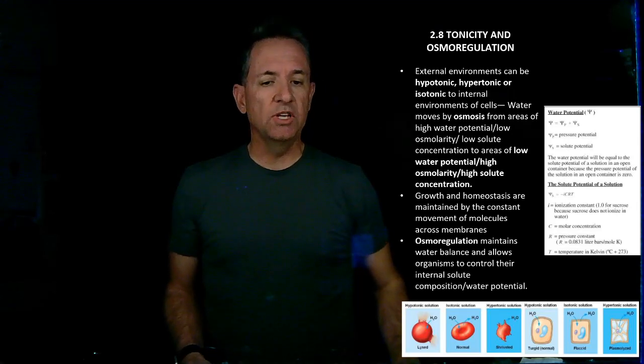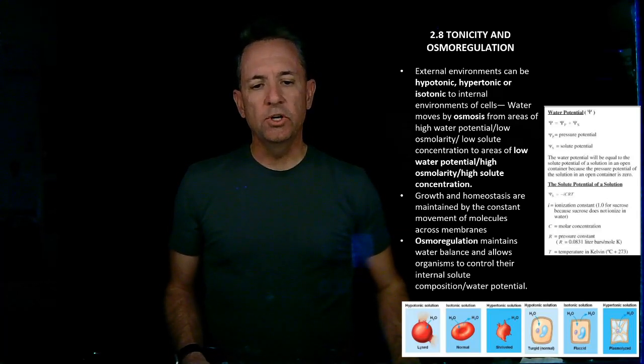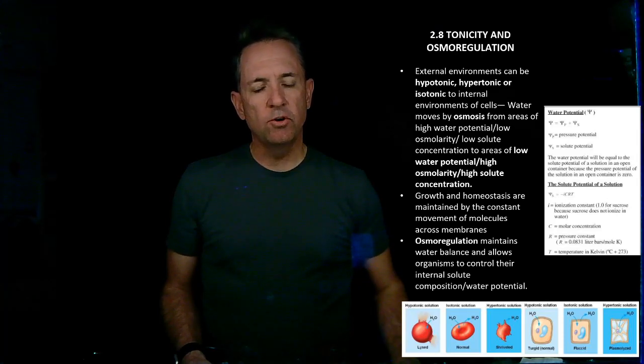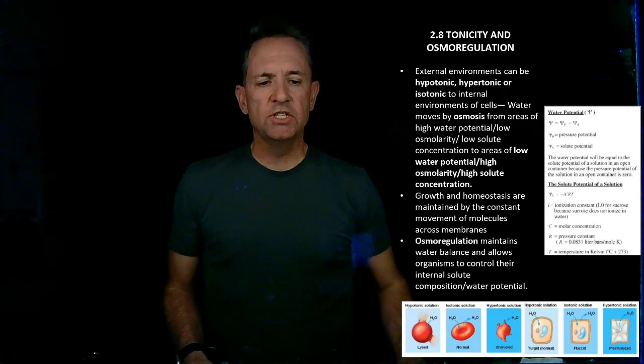Oh, right before I leave this, don't forget an animal cell in a hypotonic situation like distilled water would become lysed and explode. Here's isotonic. In a hypertonic solution, all the water would escape from the cell and go into the solution. This would shrivel and shrink. Animal cells are different than plant cells because plant cells have this rigid cell wall around them.